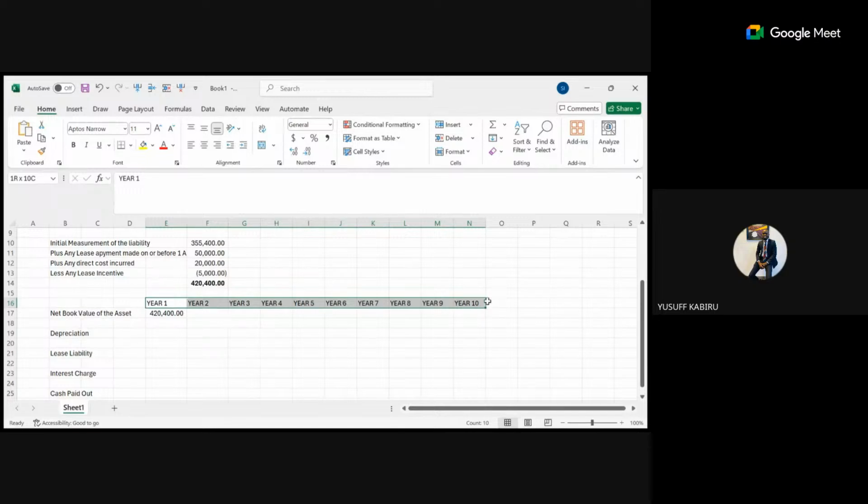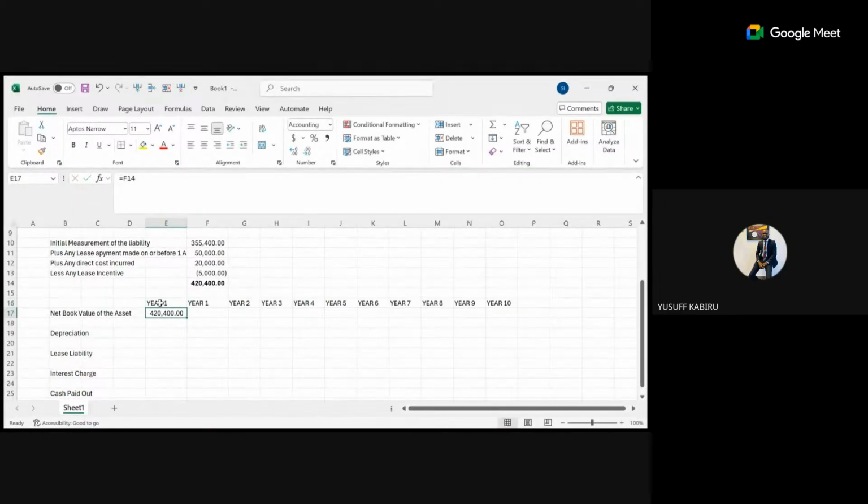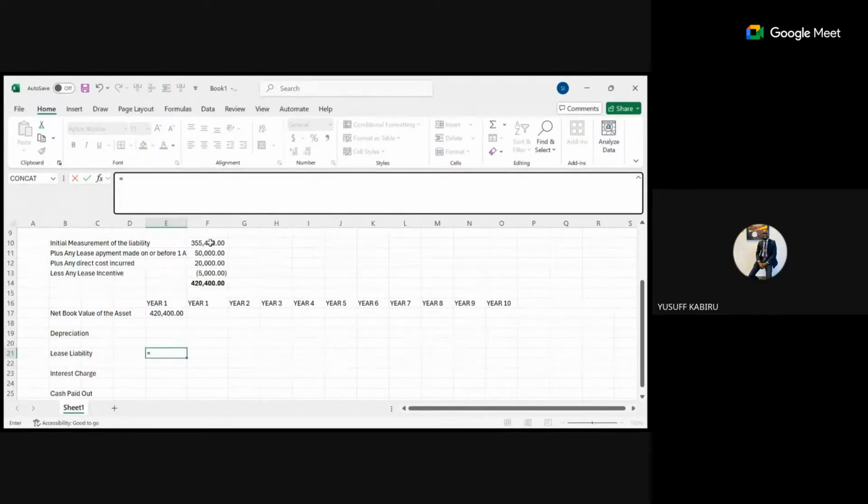There's one that has to do with when what we calculated here. This is the amount that we have actually considered. So there is no depreciation as at that time. The lease liability we have is as calculated here.